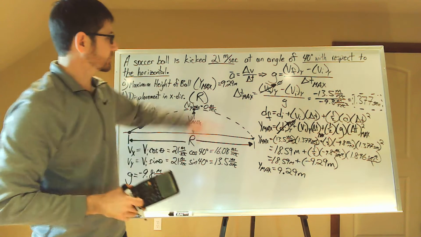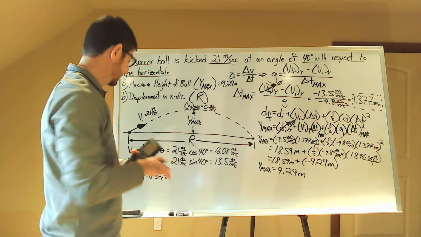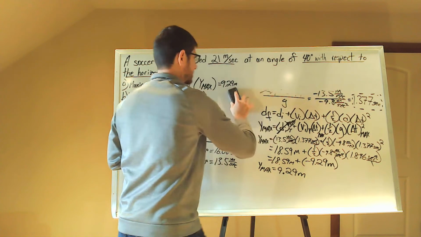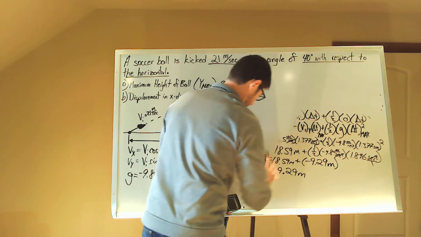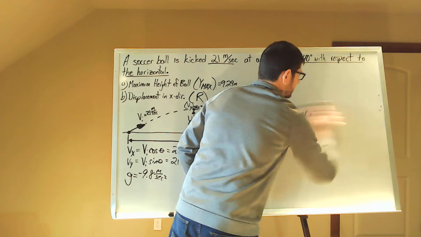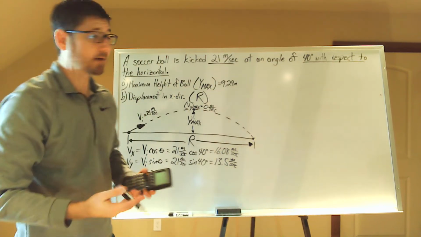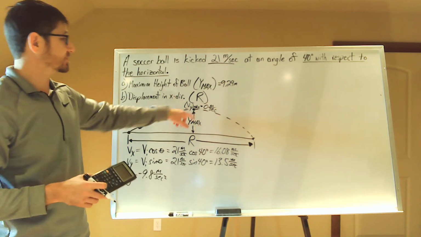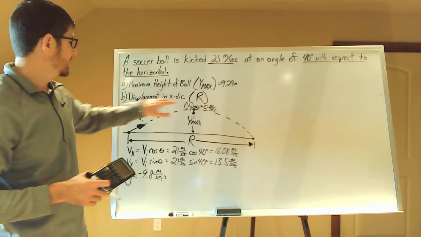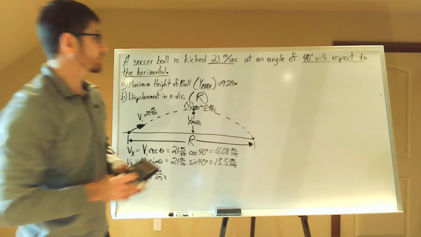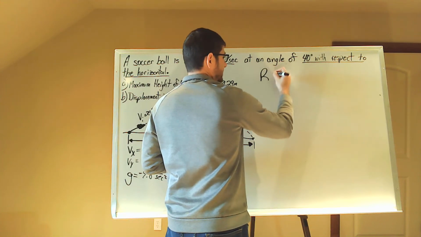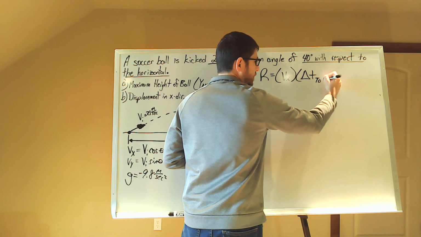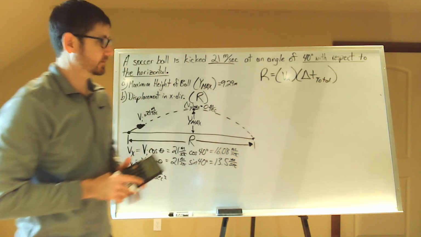Okay, so let's go ahead and write that up here. And what I'm going to do is erase this to free up some whiteboard here. Okay. Now, the problem wants us to calculate the displacement in the x direction, which is known as the range, identified by capital R in part B. Now, the equation that we're going to use is range is equal to the velocity in the x direction multiplied by the total time that the projectile is in the air.